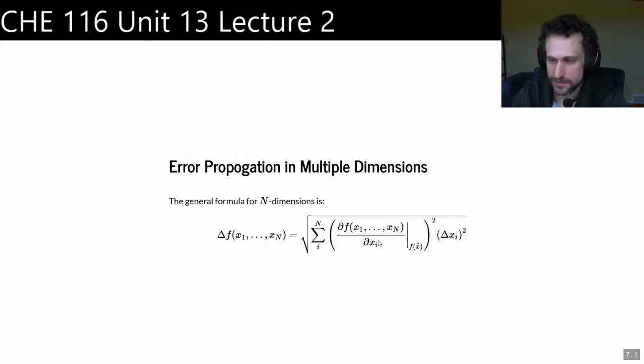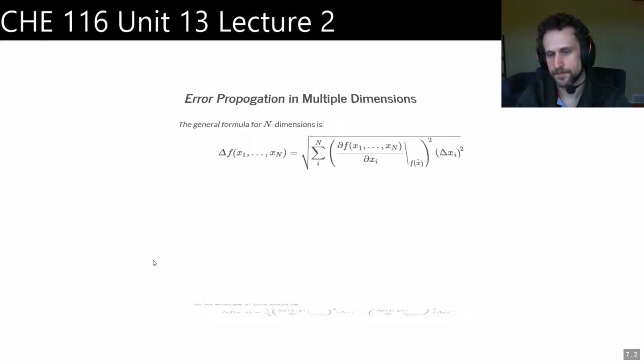You square everything, add them together, then take the square root. So this equation looks pretty scary, but it's basically the first derivative times the uncertainty for each of the things that have uncertainty. Then you square them, add them together, and take the square root.